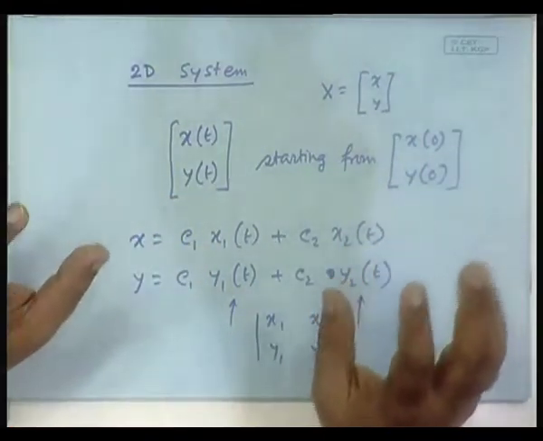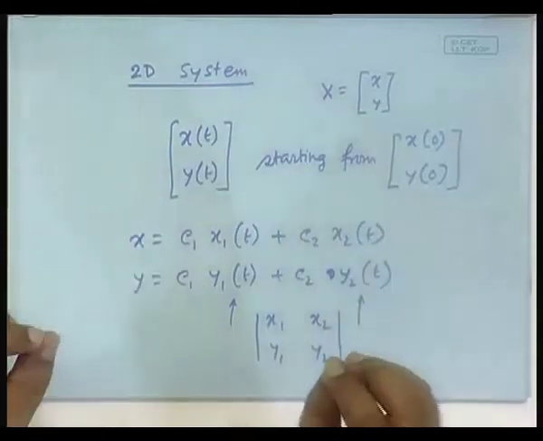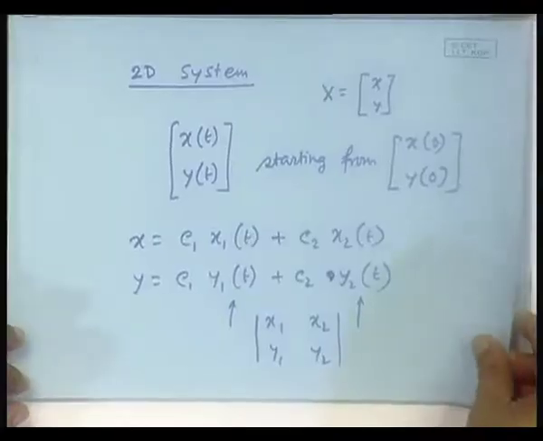How to obtain these linearly independent solutions? That is the essential thing in any solution of a linear differential equation. So, we need to solve the differential equation. Let me state the problem.